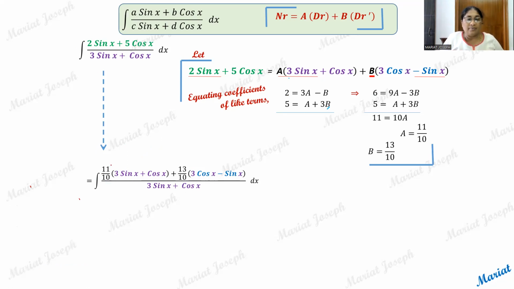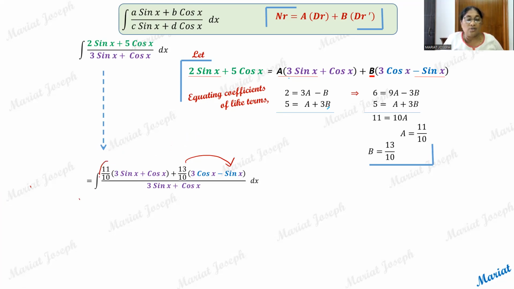You want to see? If you expand, don't write it, okay? 11 by 10 into 3, that is 33 by 10 sin x. And here, how many sin x are there? Look, minus, sorry, 13 by 10 sin x. So how much sin x is there? You are multiplying by 3.